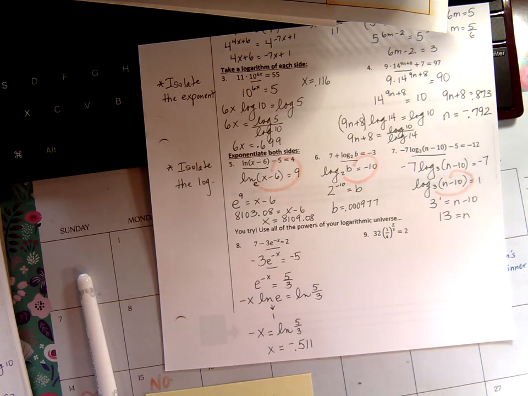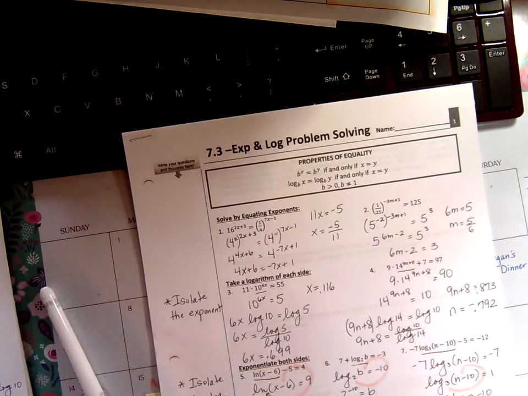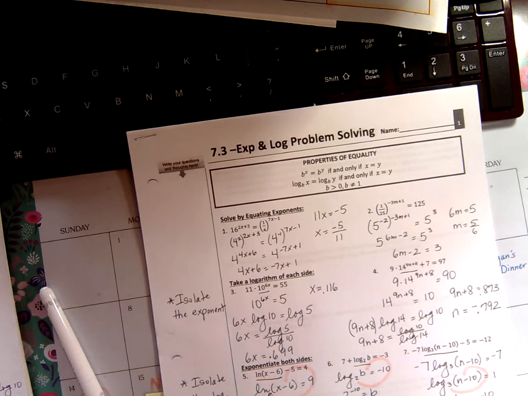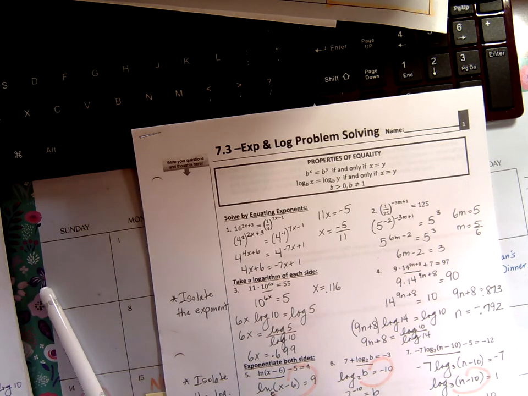Why did I do 2 ln's? Let me go back up to number 3 when we did the same type of thing. Yeah, I was saying that, Lily, too. You could definitely approach this differently than I did, but as long as you get the same answer in the end, you're good to go. So the reason I got 2 ln's is the same thing why I had 2 logs.